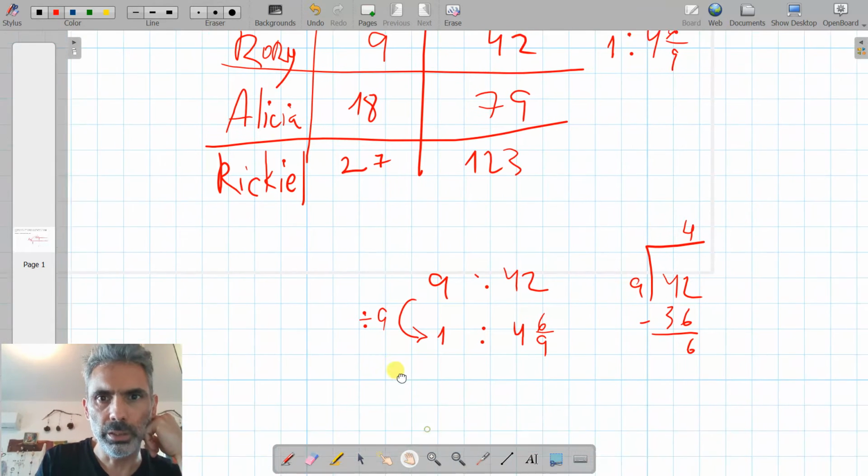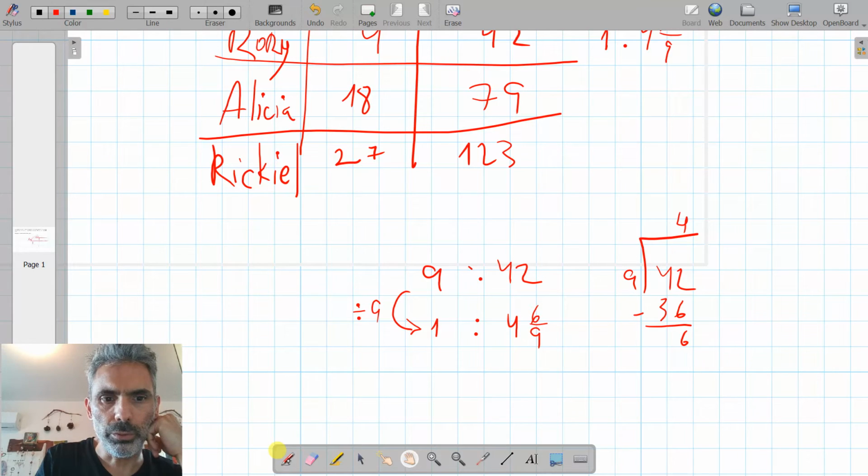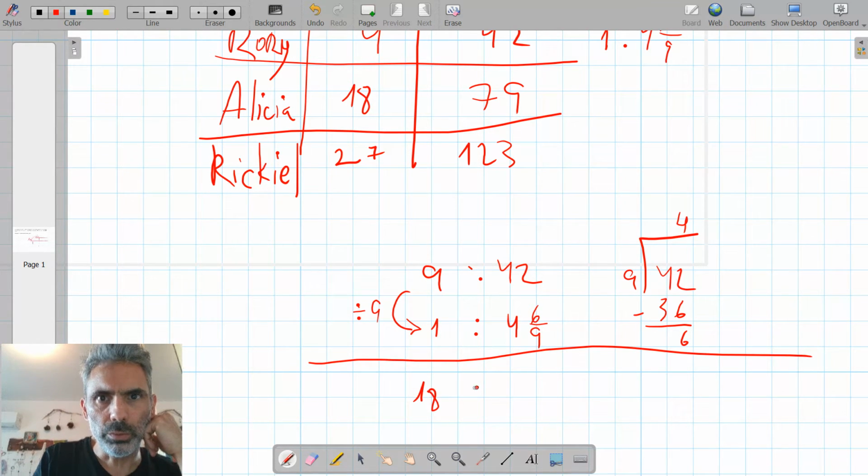For Alicia, to go from 18 to 79, I need to divide 18 by 18, so I can tell what the ratio of 1 is.